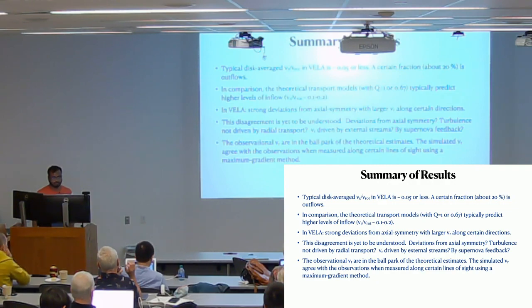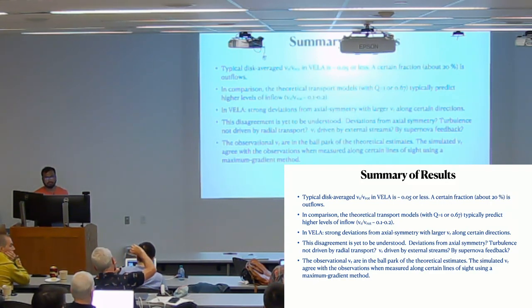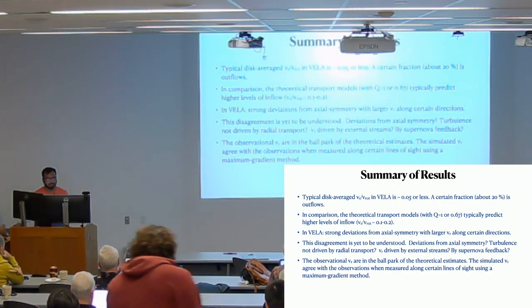Thanks for the nice talk. I think there are these two processes. The radial transport is driven by, let's say, gravitational torques. That depends on how many filaments you have, how many spiral arms you have, whether you have a bar. But these structures do not really know how much energy I need to drive my turbulence. It's a completely different process.